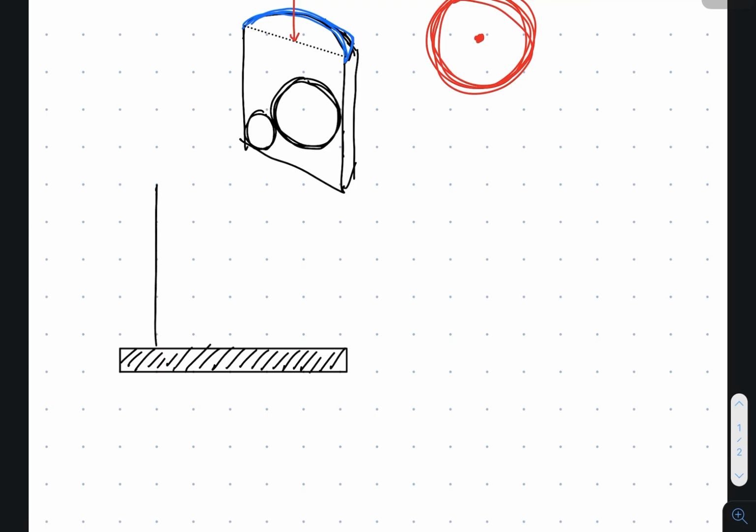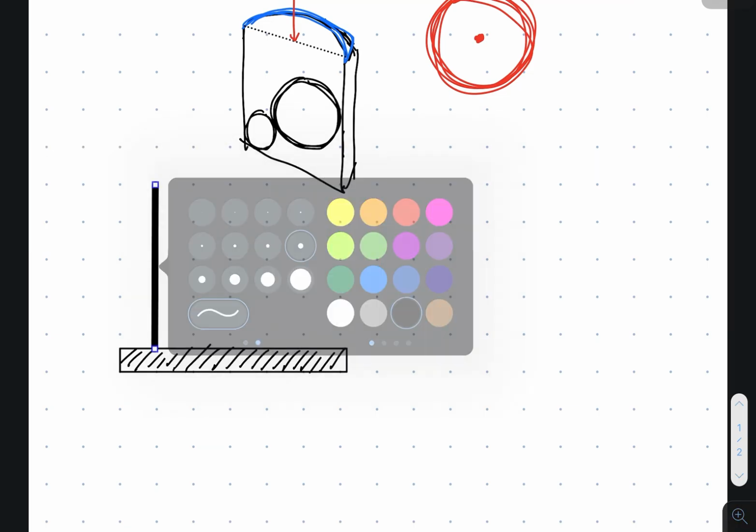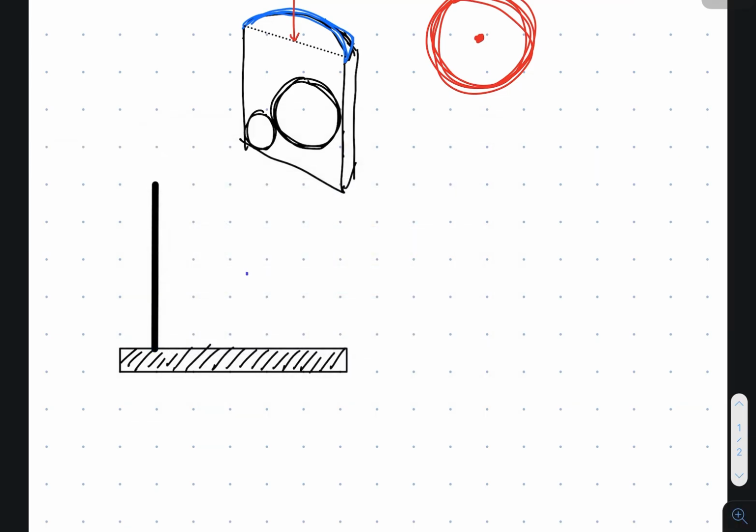Say this is the cylinder's line. Let's make it a little bit thicker, and let's copy that. Okay.